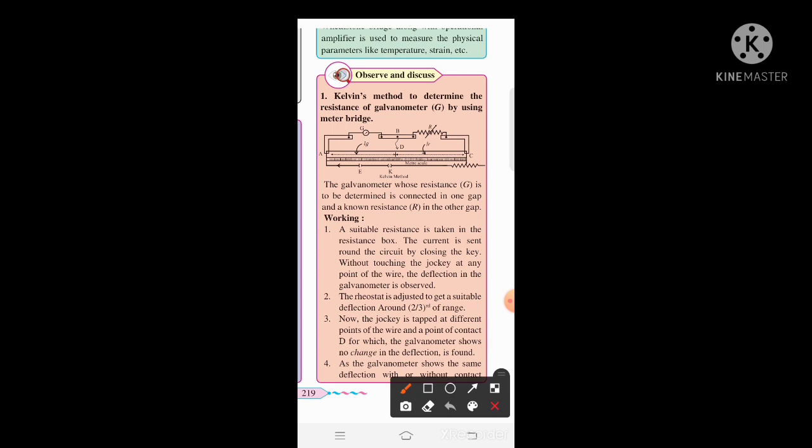In Kelvin's method, we use a metal wire having uniform cross-sectional area, of length 1 meter, fixed on a rectangular wooden board with the help of two thick L-shaped metal strips.